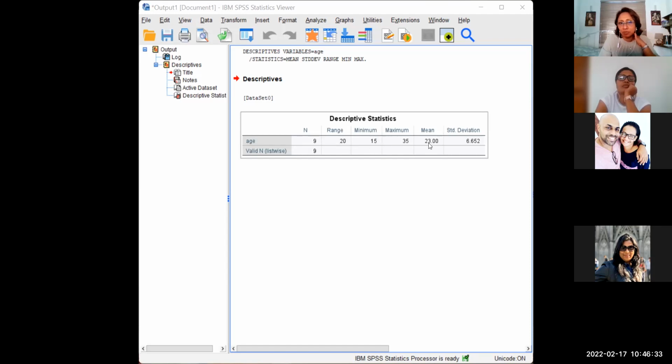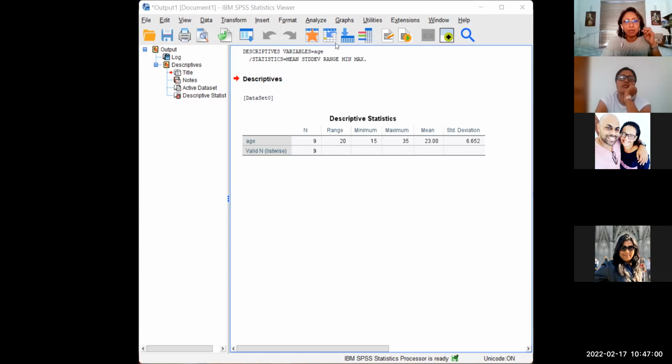It's calculated the mean for us at 23, and the standard deviation at 6.652, right? So we are getting hopefully the same results as your textbook. The textbook gives screenshots for each step that you need to do.